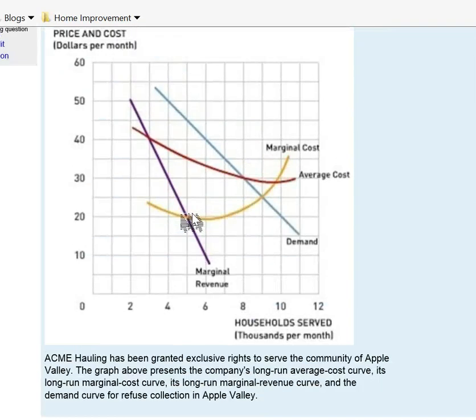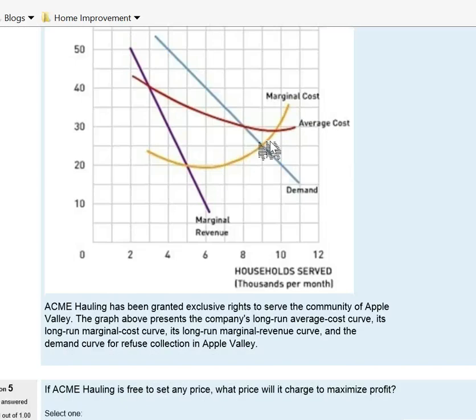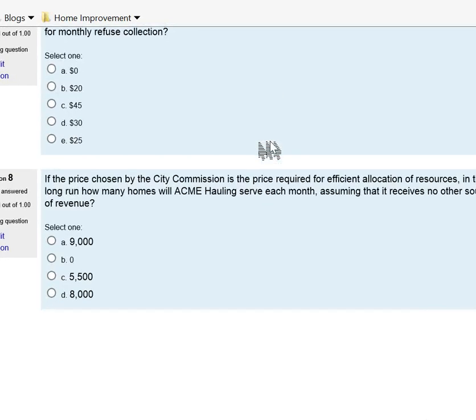So basically, go to here, determine the profit or loss at the efficient allocation of resources where supply equals demand, and then ask yourself a question, how much would you produce given the profit or loss that you're making at that rate of output? And that should help you solve question number 8.